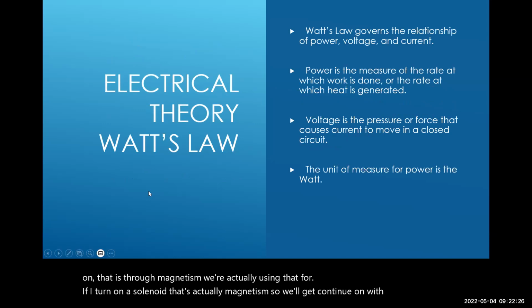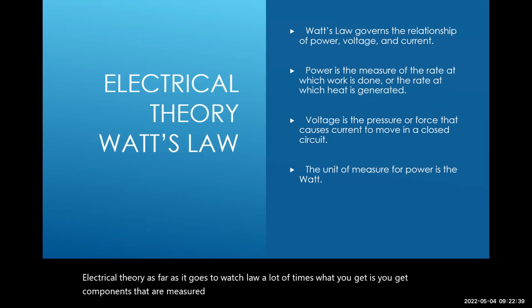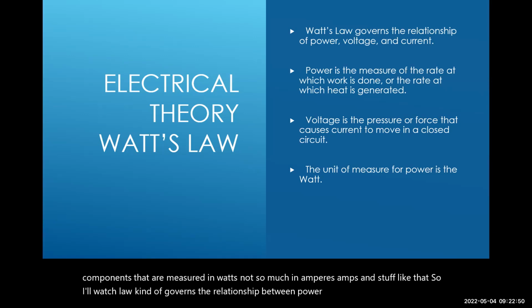So there's electrical theory, as far as it goes to Watt's law. A lot of times you get components that are measured in watts, not so much in amps and stuff like that. So Watt's law kind of governs the relationship between power, voltage, and current.